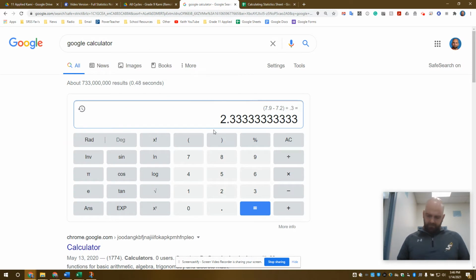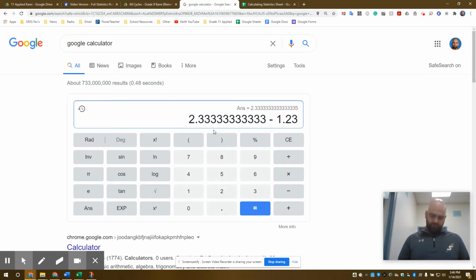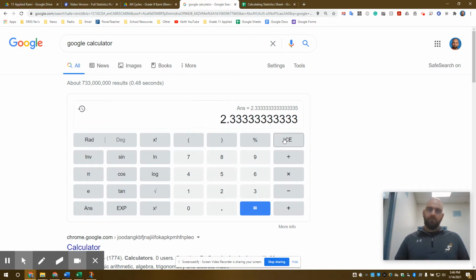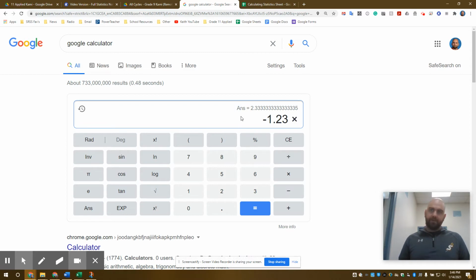When you do that on the calculator, negative 1.23 times 6.5 plus 179, this is going to tell us that Tim has a height of 171.01 centimeters.